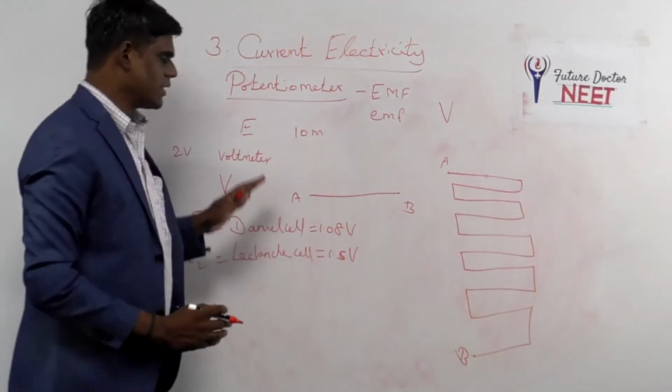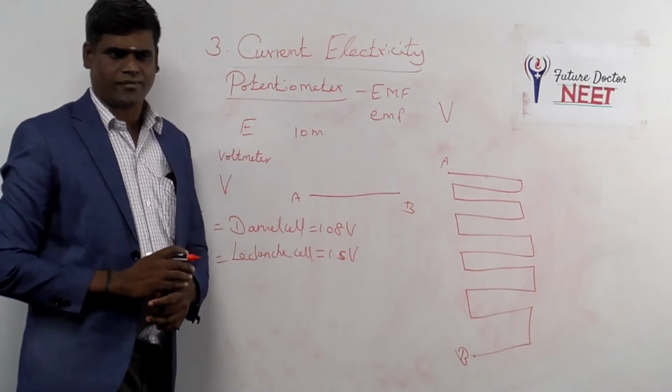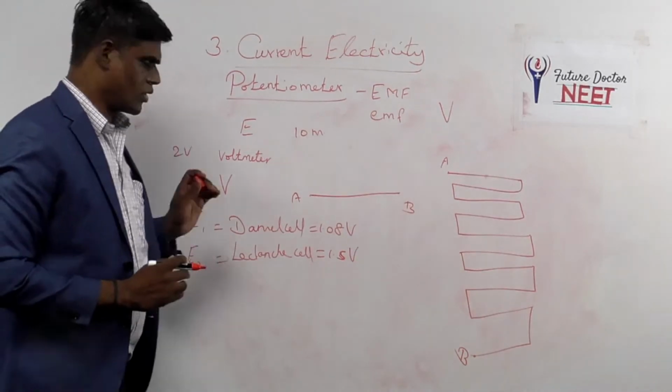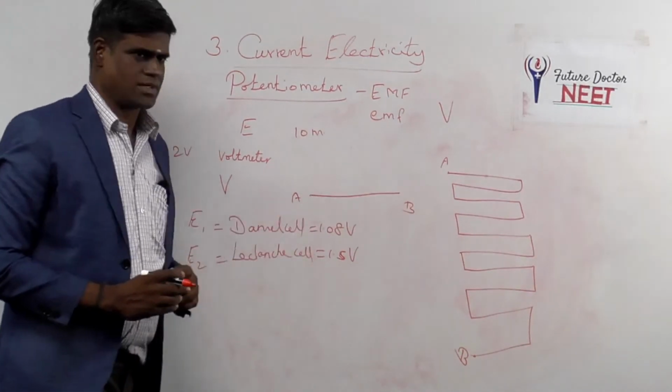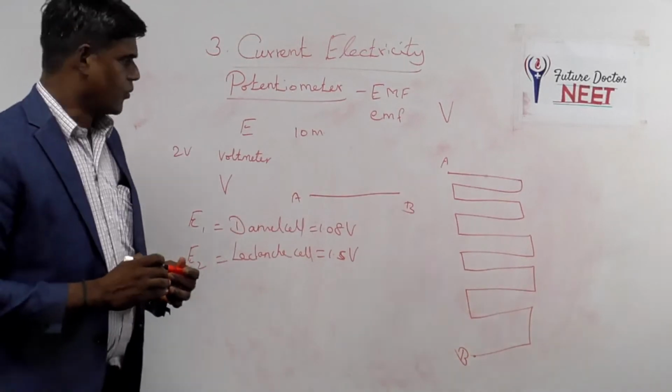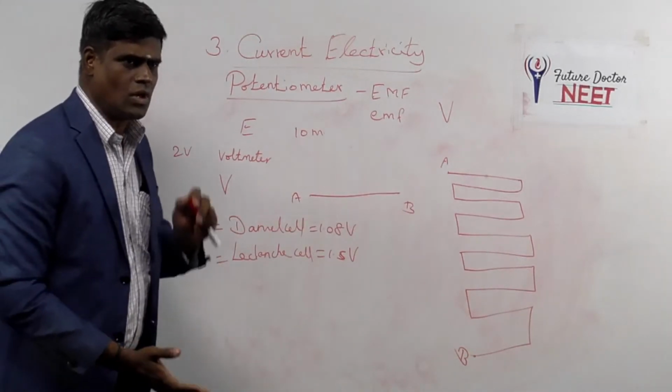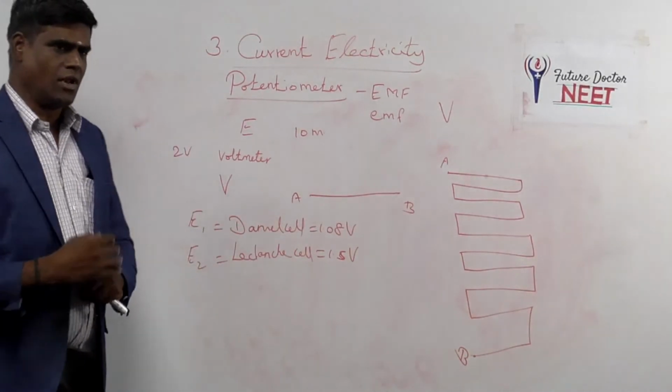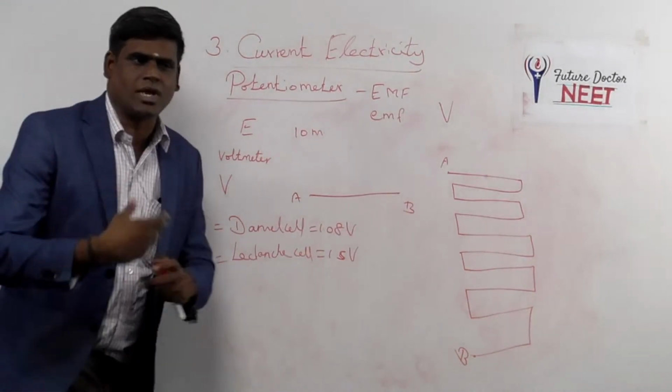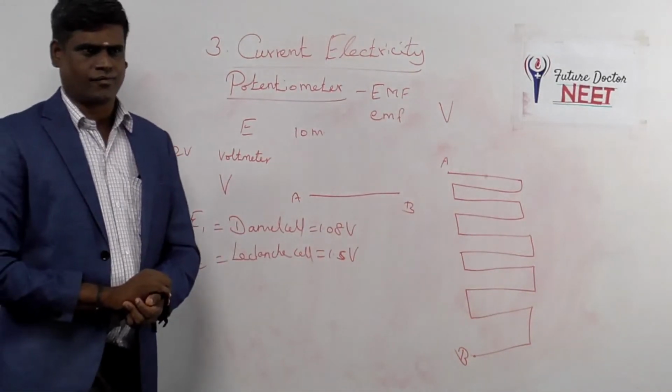Let's note down. A potentiometer is a device used to compare the EMF of cells, and also used to determine the EMF of a cell.